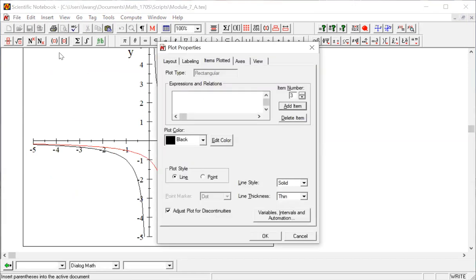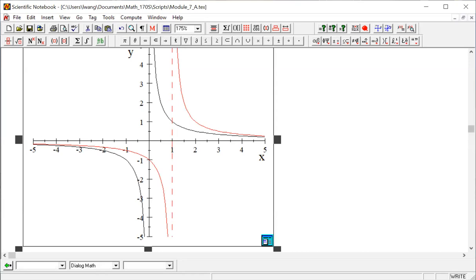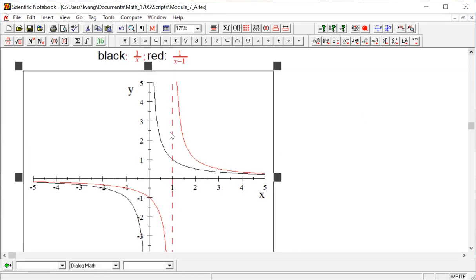Let me draw the asymptote as a straight line, and this is where the curve will never cross. You can see the black curve is 1 over x, the red one is 1 over x minus 1. The red one is the black one shifted to the right by 1 unit.